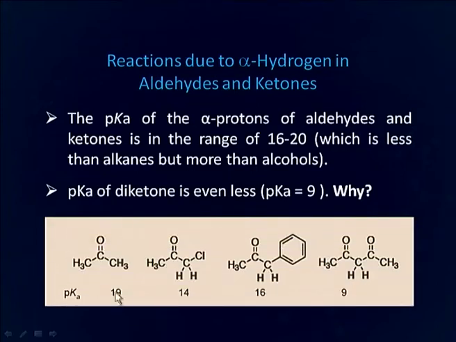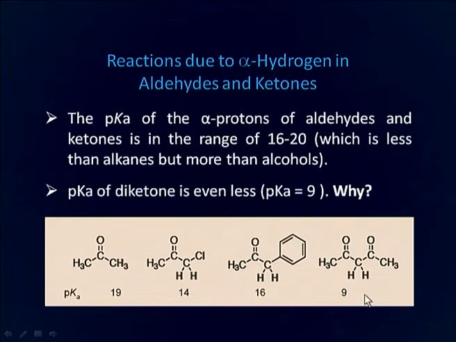As you can see here, this is a ketone having a pKa value of 19, and this is alpha-chloroacetone, which has a pKa value of 14, showing that electron attraction by the electronegative chlorine makes these two hydrogens more acidic. The pKa value of a diketone is even lower than that of normal aldehydes and ketones, in the range of 9.